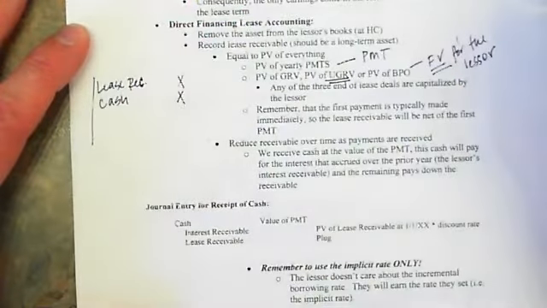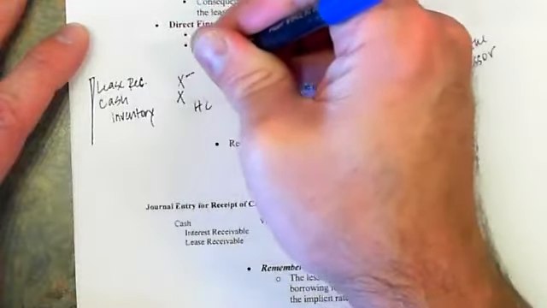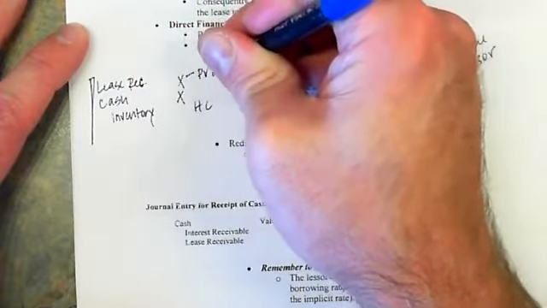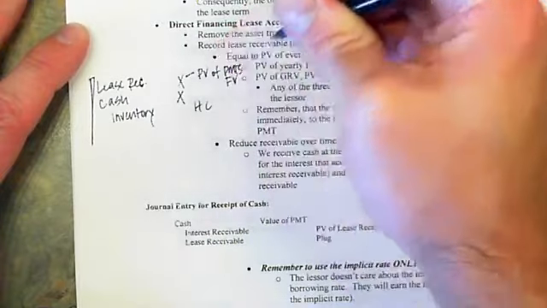That is the initial cash payment. And then in terms of a credit, we would want to reduce our inventory by the historical cost of the leased asset. Remember that this is the present value of payments and the future value, less the cash payment.